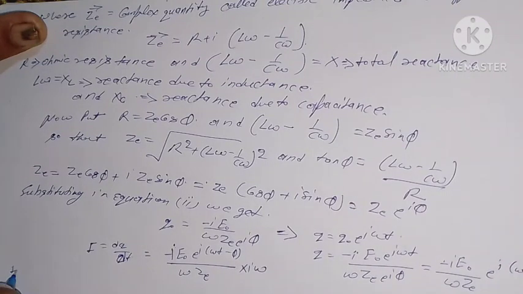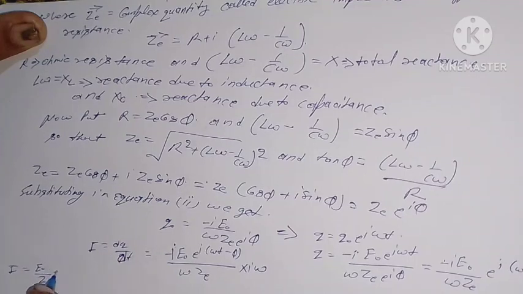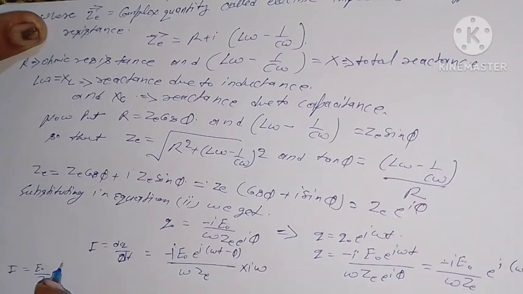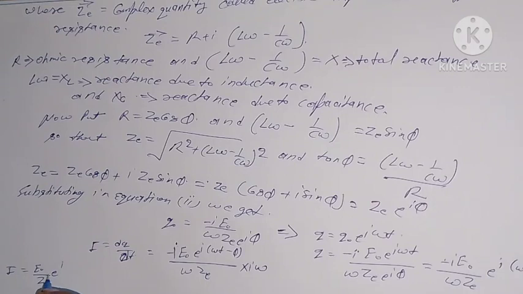That is, I equal to E naught upon Z e to the power i omega t minus phi.